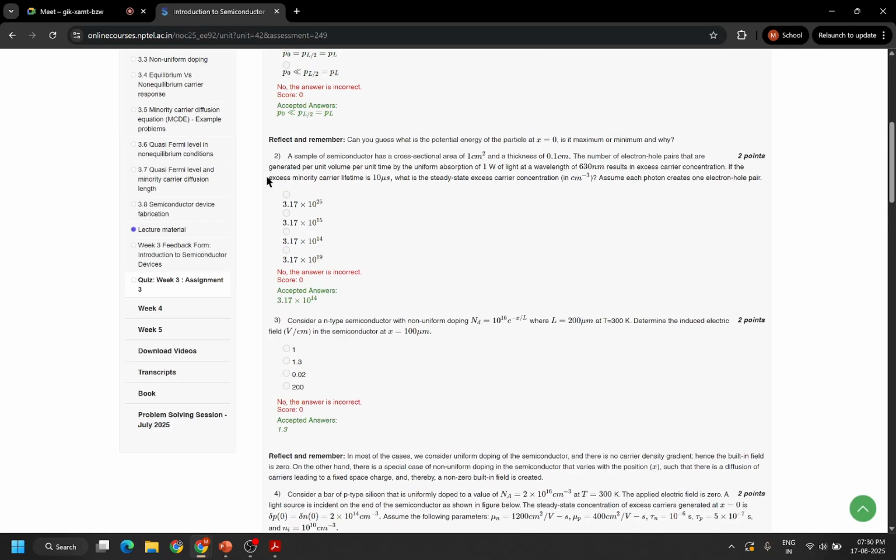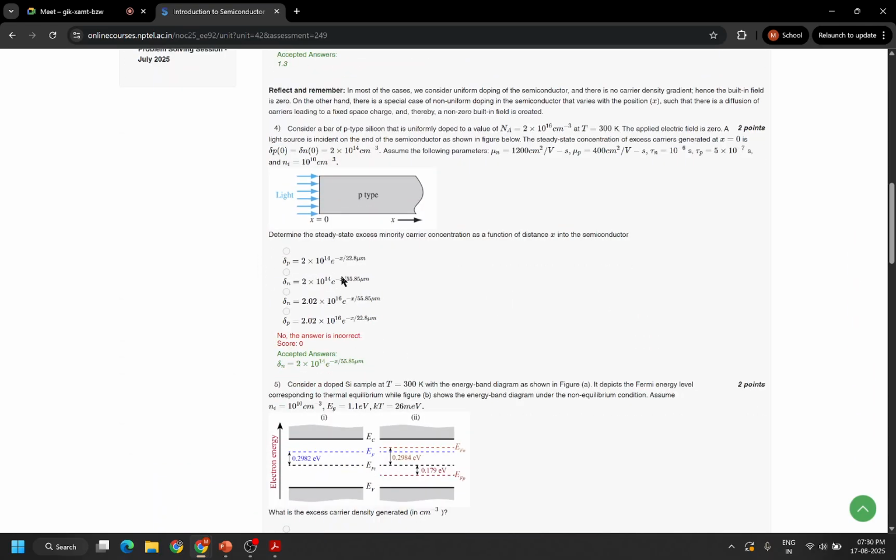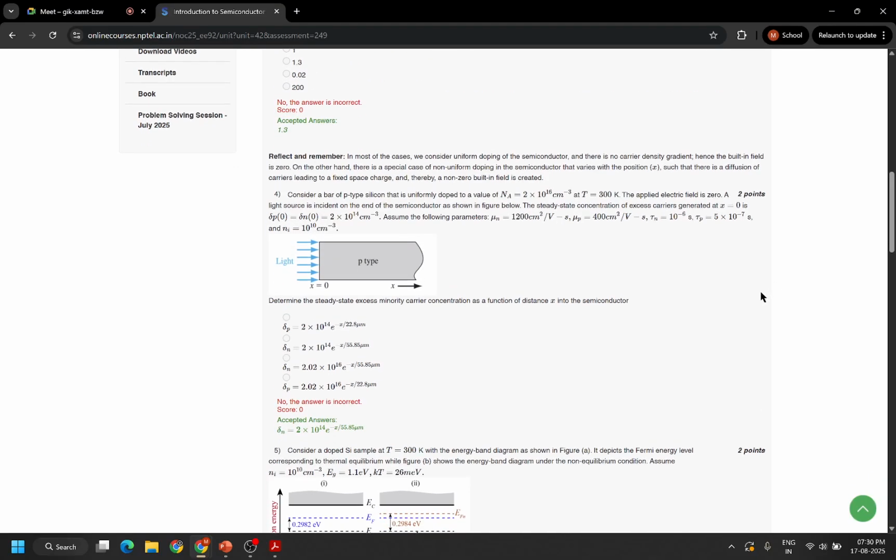This type of question we have done in the last class last week. You have generation of light at x equals 0, and the generation is confined to x equals 0. In the plus x region there is no generation, and there is no electric field, so there is no drift current.